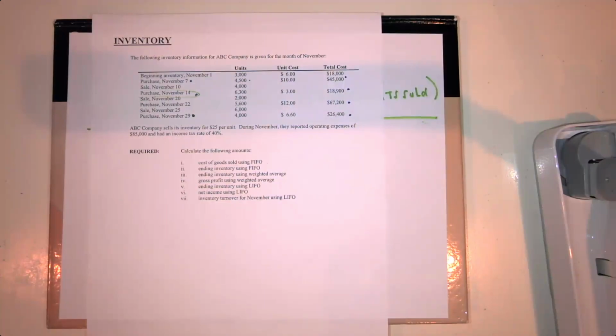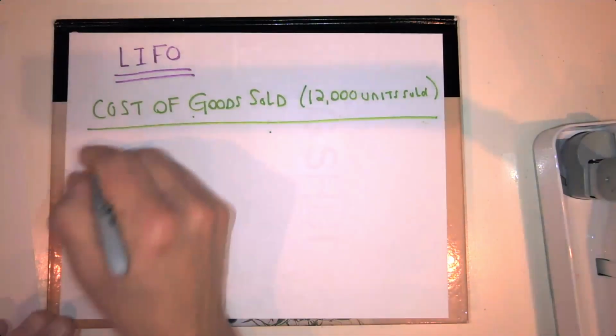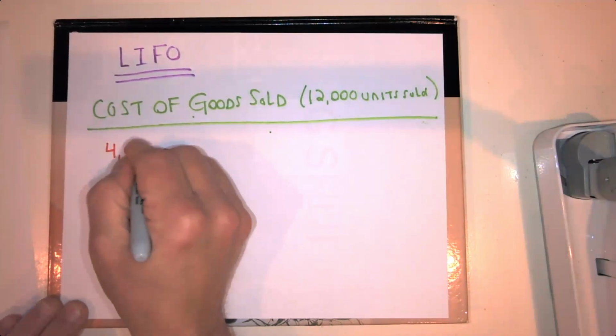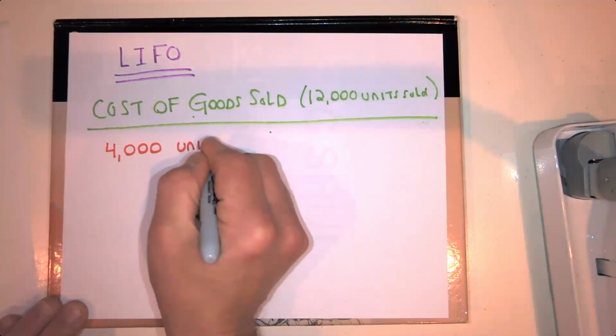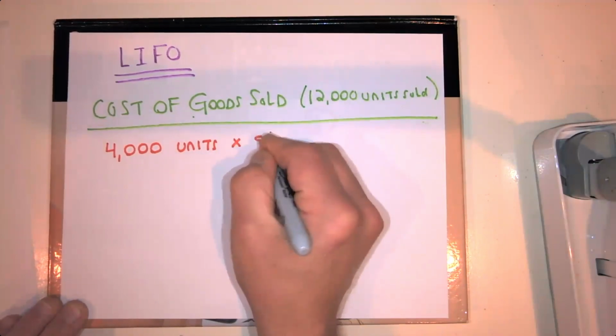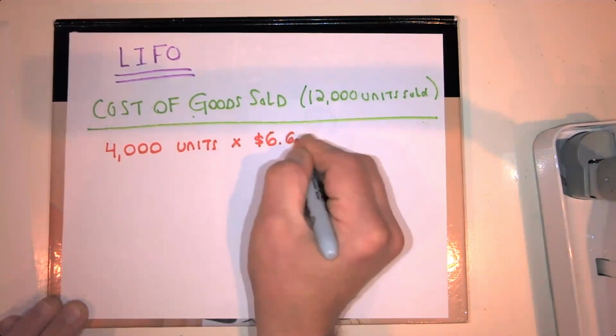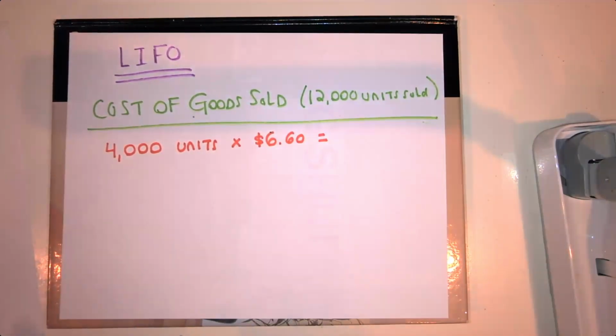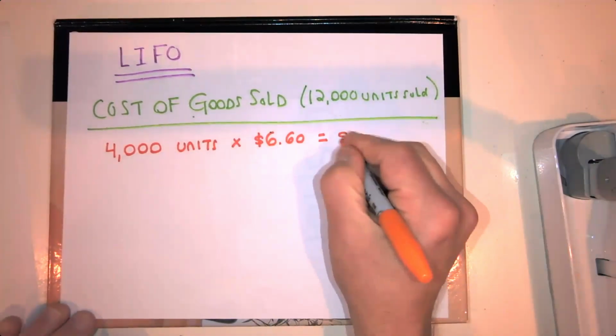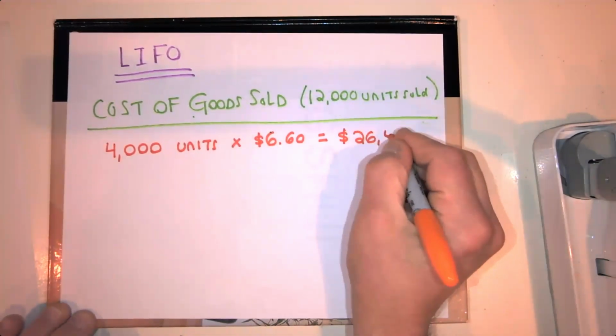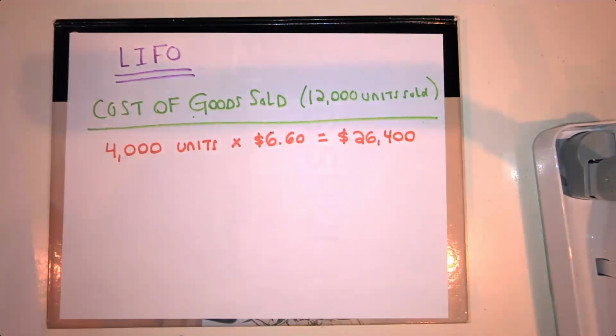So the purchase that we made on November 29th. Take those 4,000 units, each costing $6.60. And we will assign that $26,400 to the cost of goods sold.